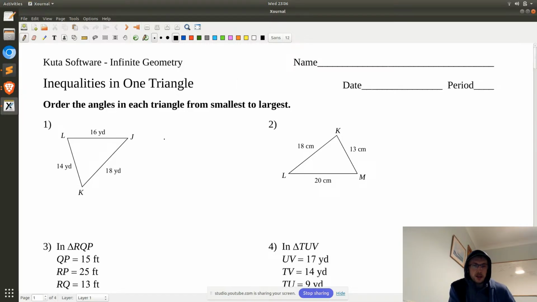So applying that to all triangles in general, angle L is largest, and angle K is second largest, and angle J is third largest. Here, angle K is largest, angle M is second largest, and angle L is third largest.